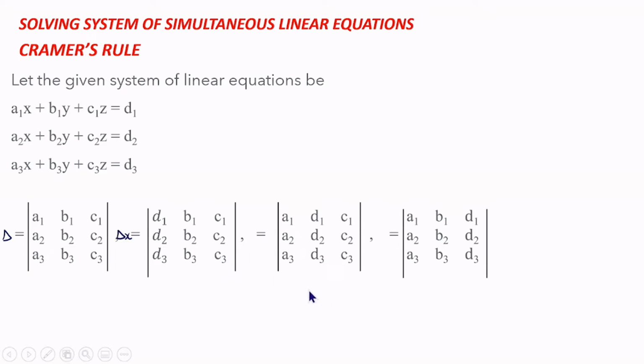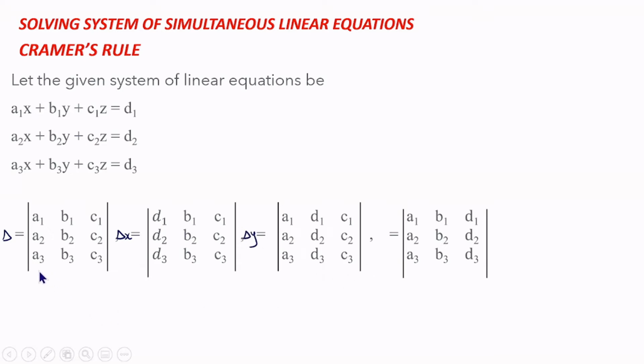Then again in the same determinant, we remove the coefficients of y terms and replace them with the constant terms, so that we have a1, a2, a3, d1, d2, d3, c1, c2, c3. This is delta y.